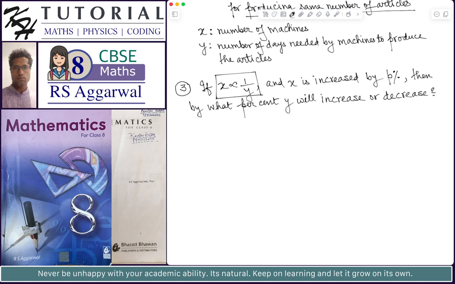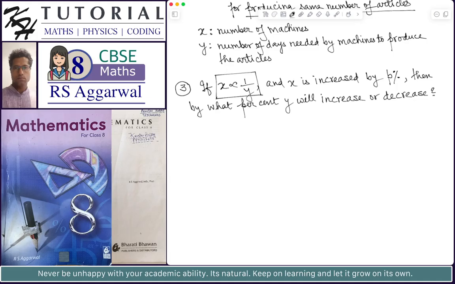Okay. So what will be x when it is increased by p%? This is a very standard concept of percentage.